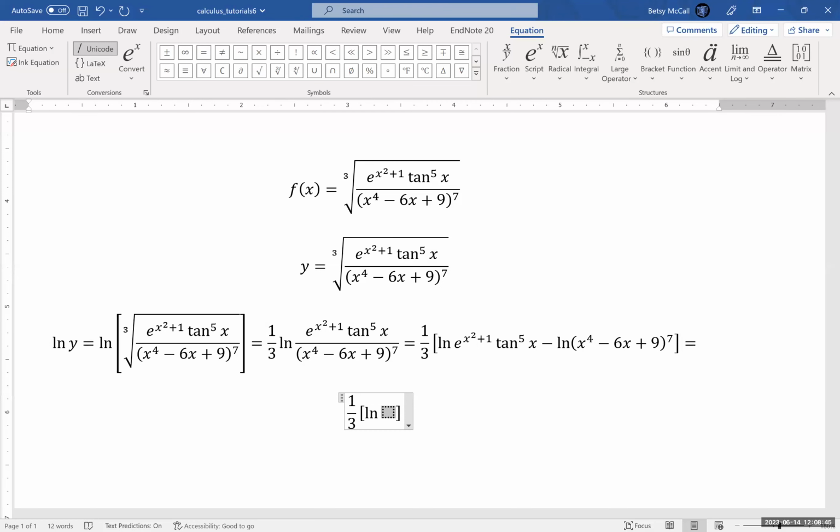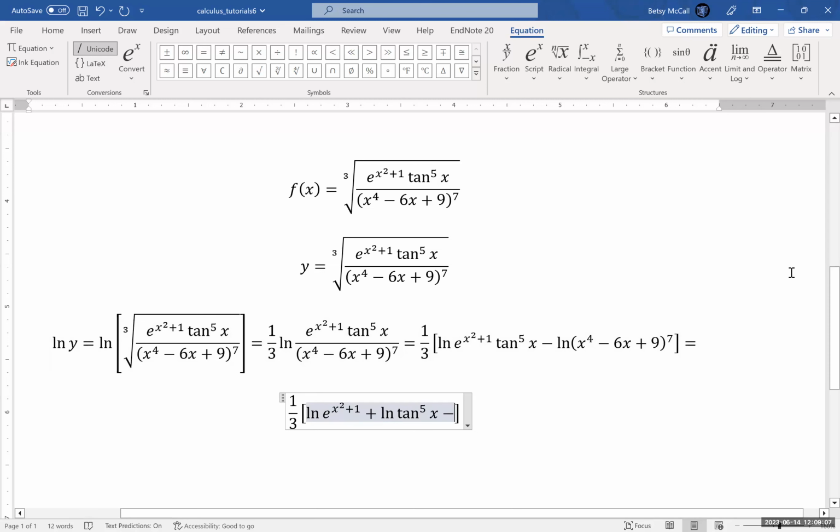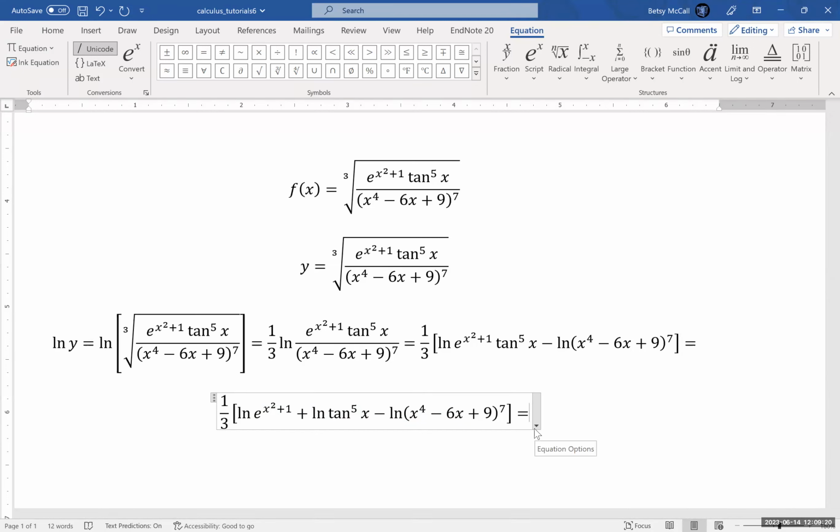Log of e to the x squared plus 1 plus log of tan to the 5th x, and then minus what was in our denominator. And then we can apply our exponent rule one more time, and we'll combine these constants in a second.